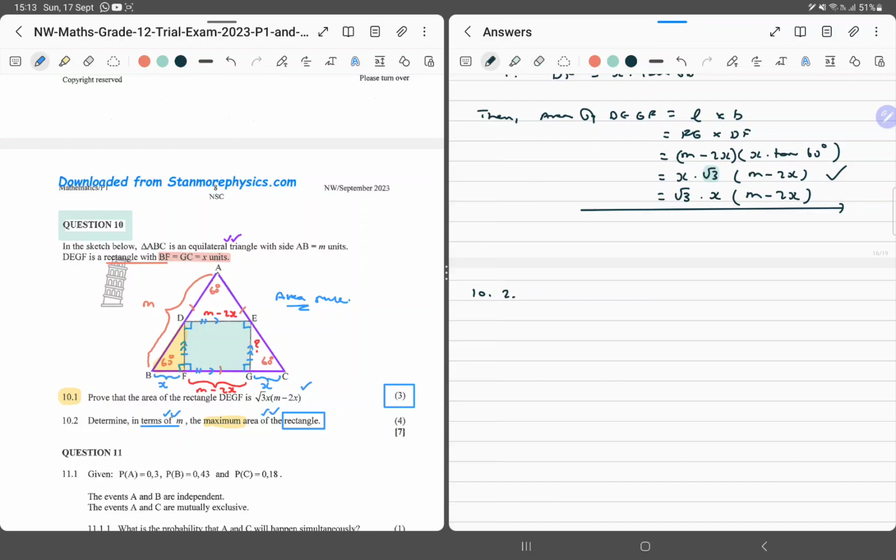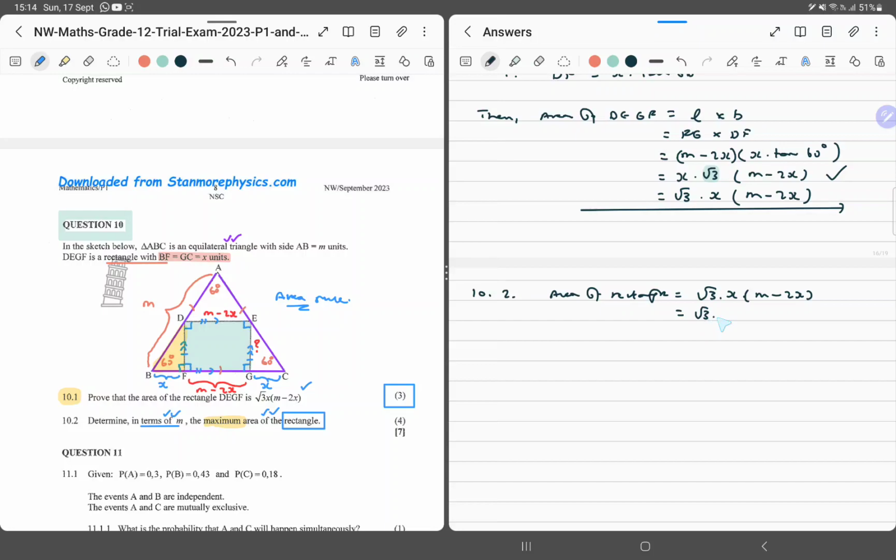We can see that the area of the rectangle was given as root 3 times x into m minus 2x. So obviously, because we're going to need to derive here, we're going to FOIL this out.